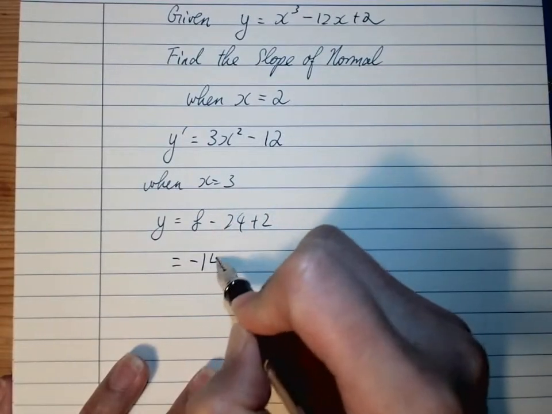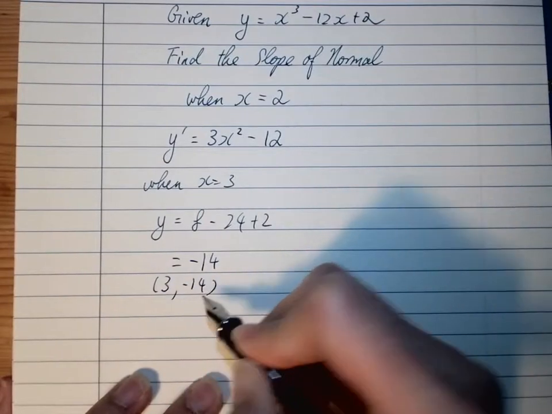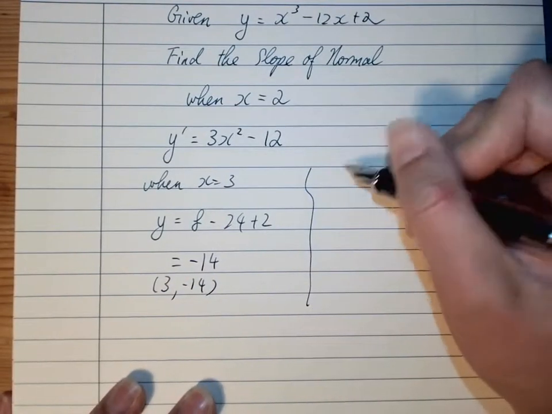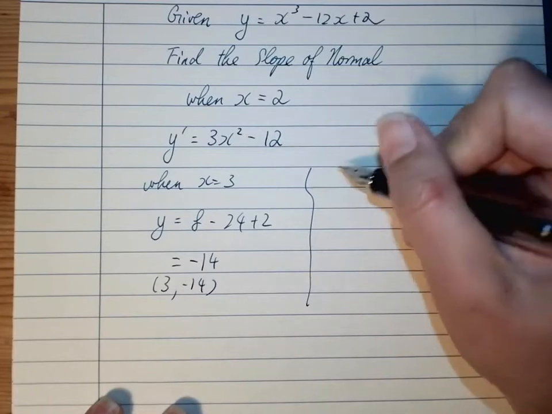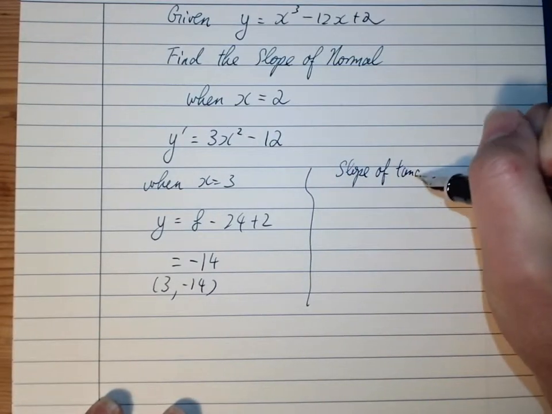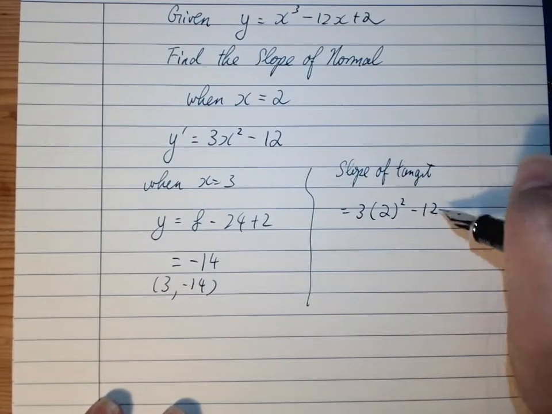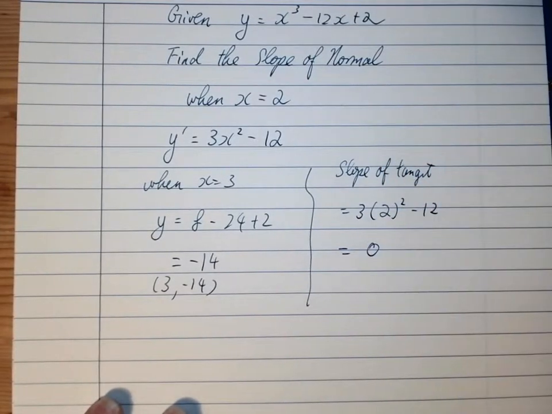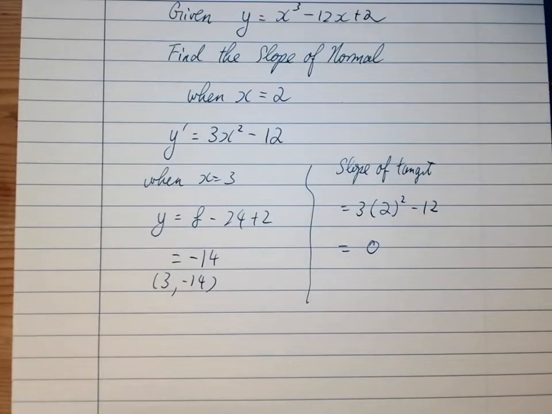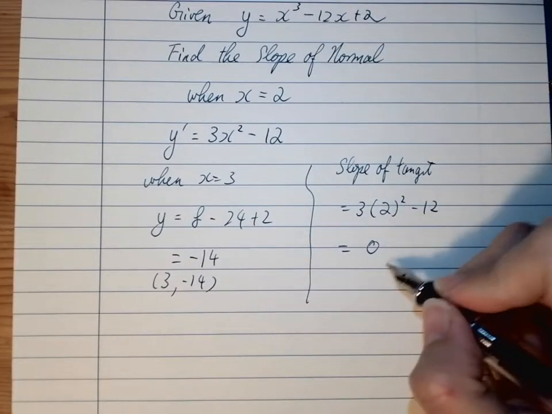So I got negative 14. That is our point. And now I need the slope. So slope of tangent will be equal to 3 times 2 squared minus 12 equals 0. Oh no. So if this is a tangent, the slope is 0, which means it's a horizontal line.